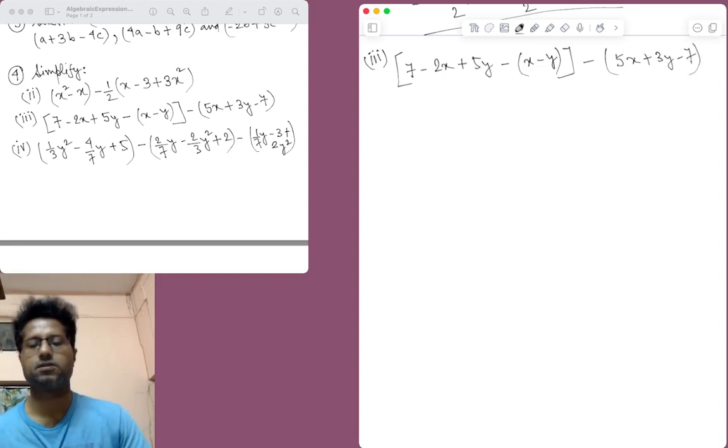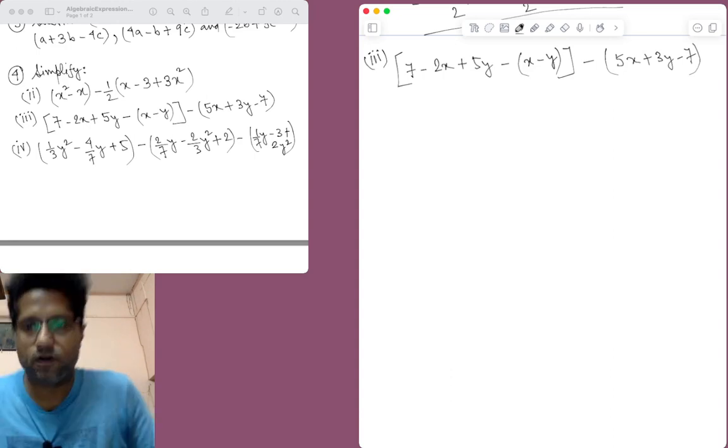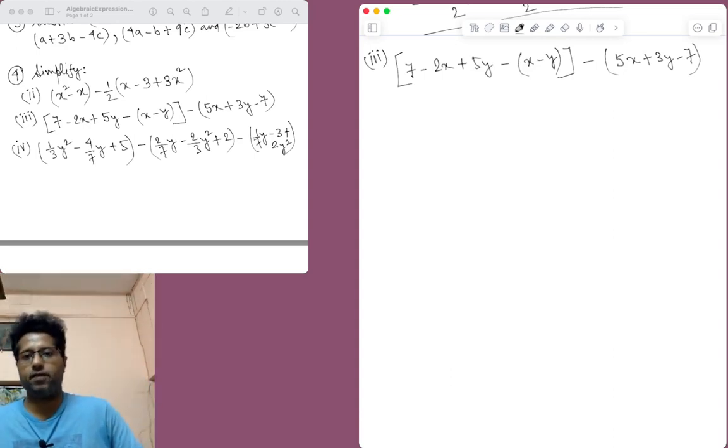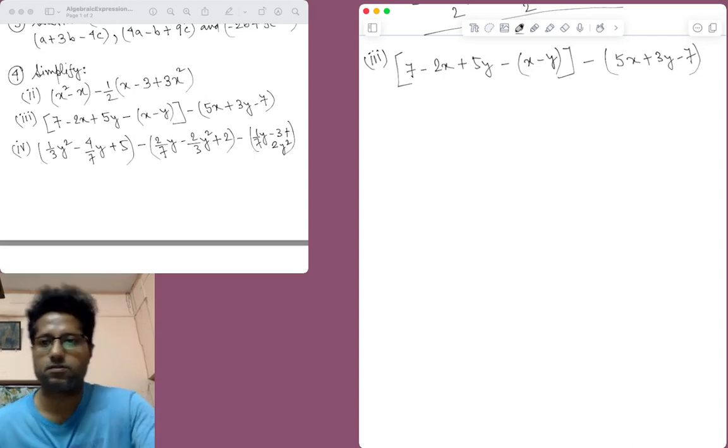So this is a simplification problem. To evaluate the first expression, that is in the square bracket, we first have to evaluate its inner grouping, that is x minus y.